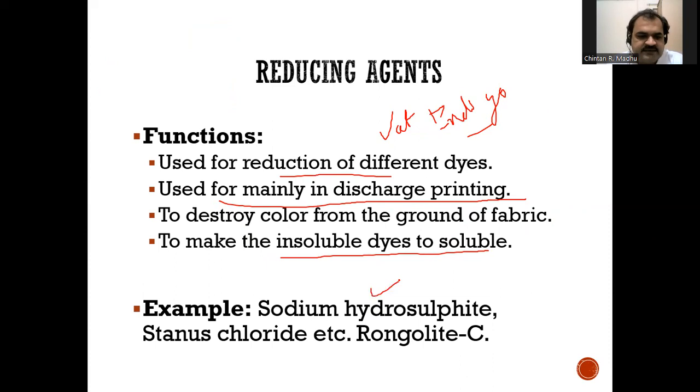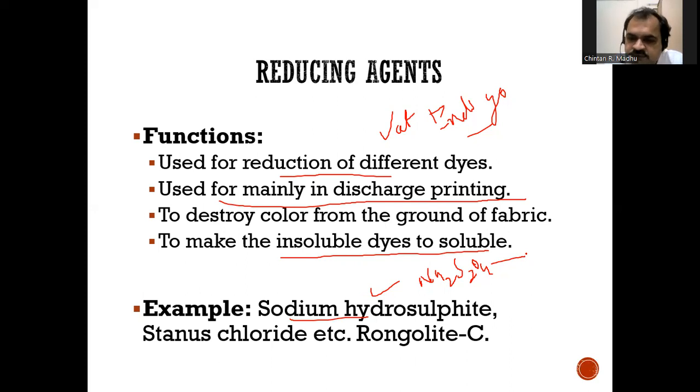Sodium hydrosulfite, a very well known reducing agent, Na2S2O4, is also known as sodium dithionite. If you refer to an international reference book, you will see they are not writing sodium hydrosulfite, but sodium dithionite.